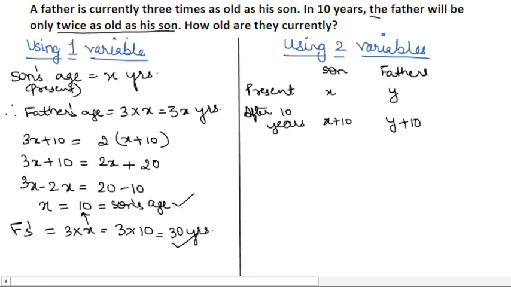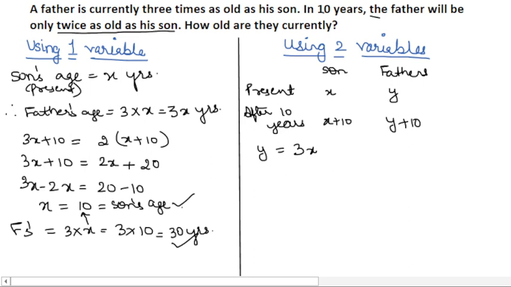The condition now is, currently the father is 3 times as old as his son. How do we represent this by means of an equation? The first equation is, the father is y, and the father is 3 times as old as his son, so y equals 3x.